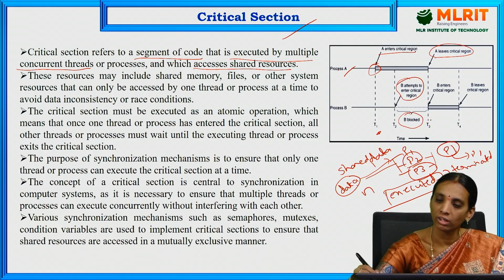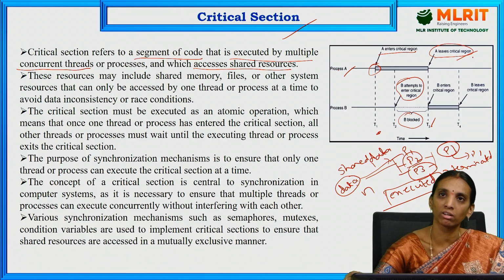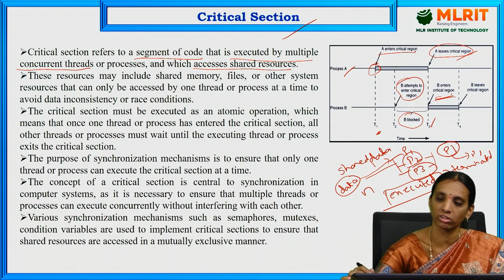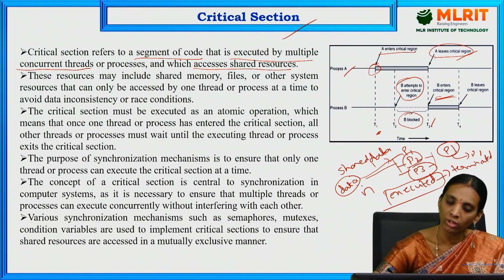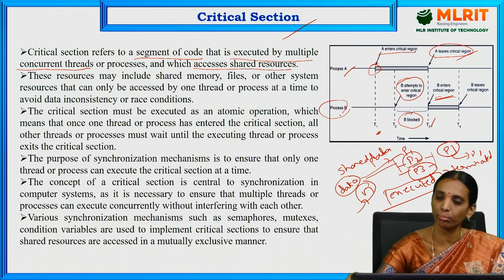So at time T3, process A leaves the critical section, which means it releases the resources. Now process B enters the critical section, which means access to the shared data is given to process B. At T4, process B leaves the critical section.